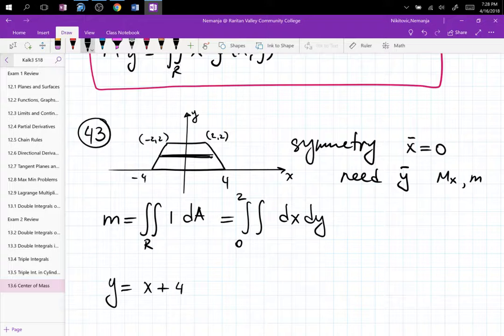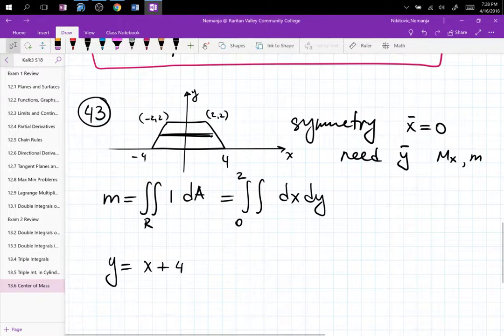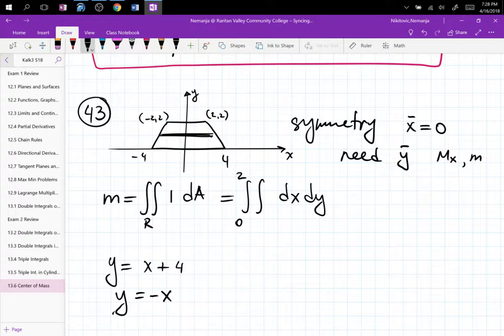On the right side, y is equal to -x plus 4. So I go right minus left, x plus 4 on top, and -x plus 4 on the bottom.